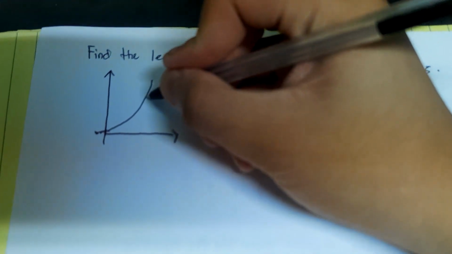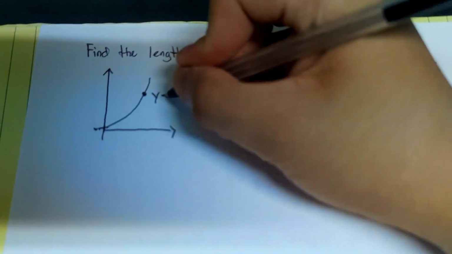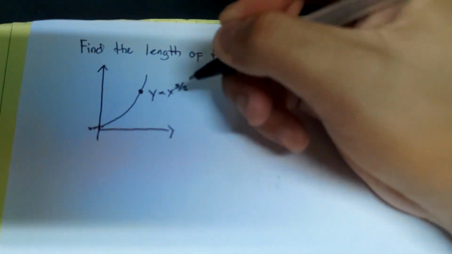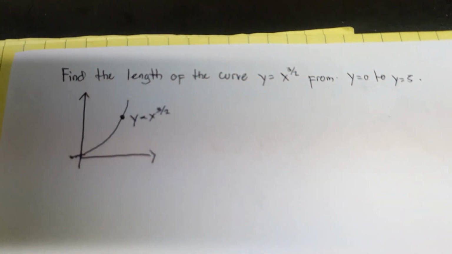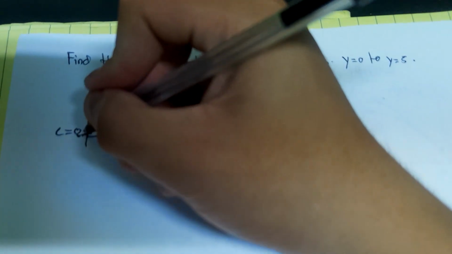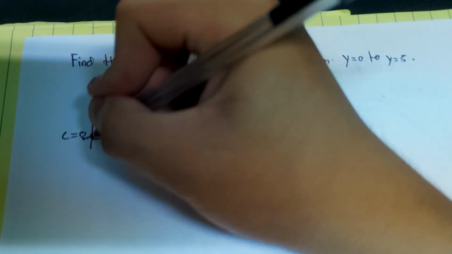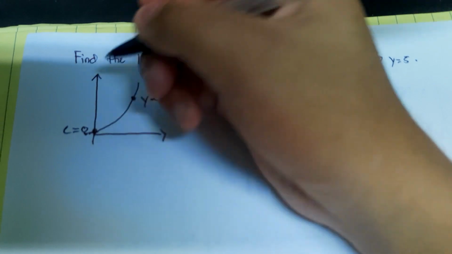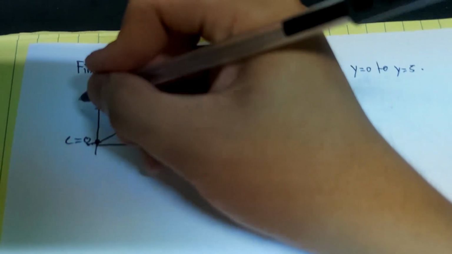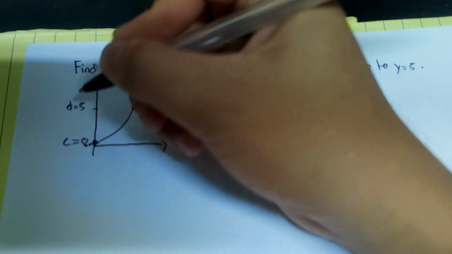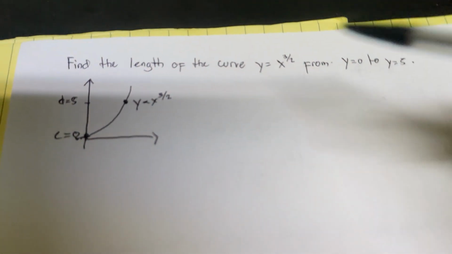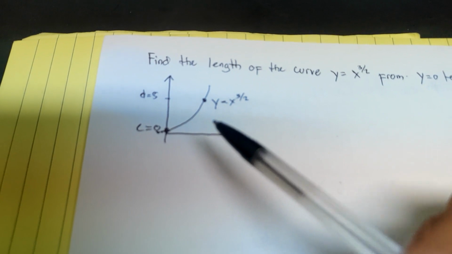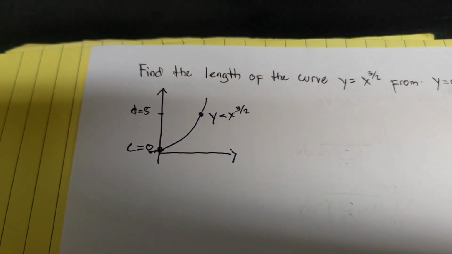This is y equals x raised to 3/2, and as you can see, our interval is on the y-axis. So c equals 0 here, and d equals 5 here.